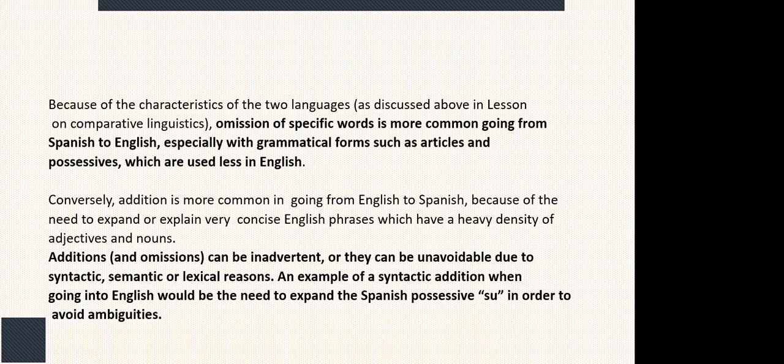Because English is more economic and more word order oriented and more limited in that regard, especially with grammatical forms such as articles and possessives, used less in English because these are just fillers, really.